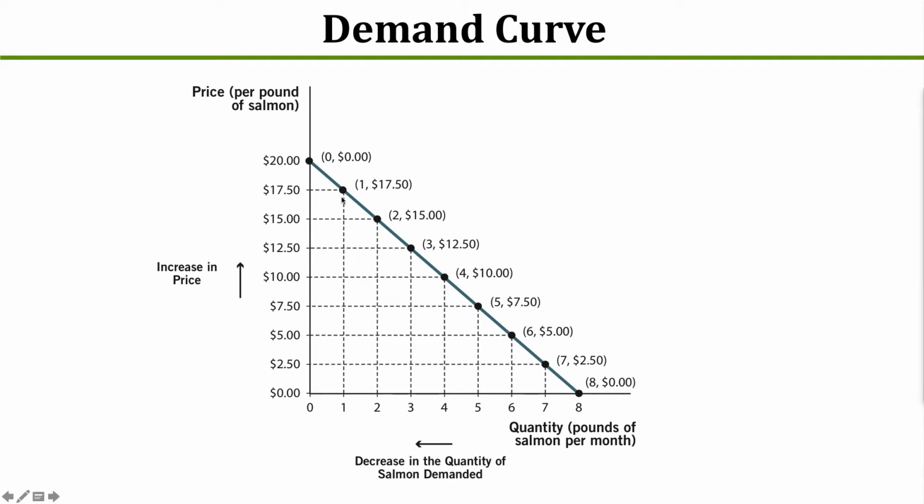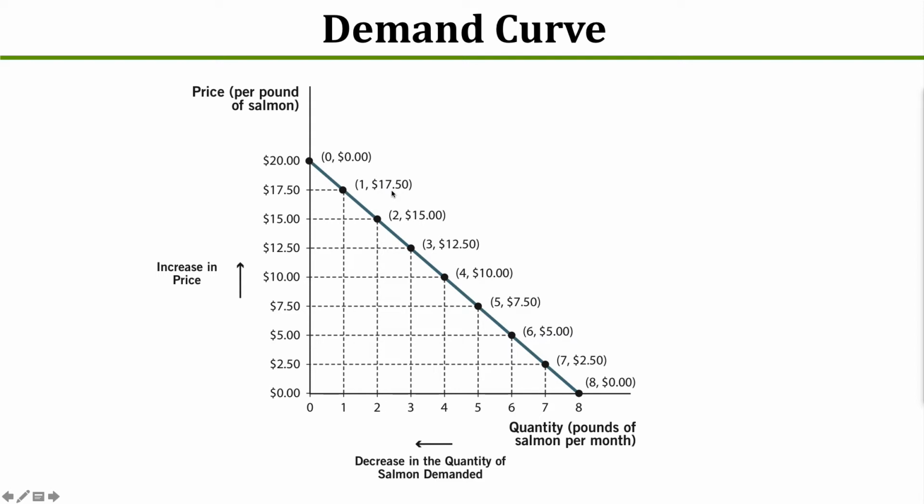For example, when the price of salmon fillet is $15, the quantity demanded is just 2 units or 2 salmon fillets. When the price decreases to $10, the quantity demanded is 4 salmon fillets. So basically, quantity demanded shows you which point you are on a given demand curve.